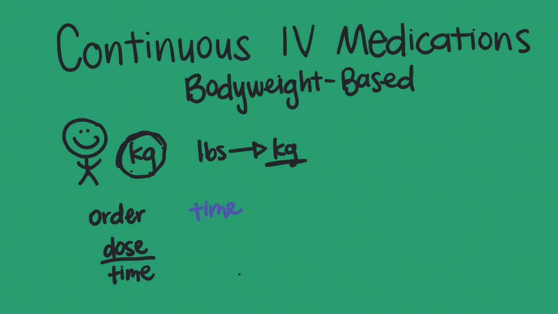You may or may not need to do a time conversion. The other thing to consider is, do you need to do a unit conversion? You may or may not need to do a unit conversion. The medication order in the dose over here, this needs to match what's in the IV bag. So you might need a unit conversion then. You might not. And I'll show you an example of all this. And then you use the IV med that is available.